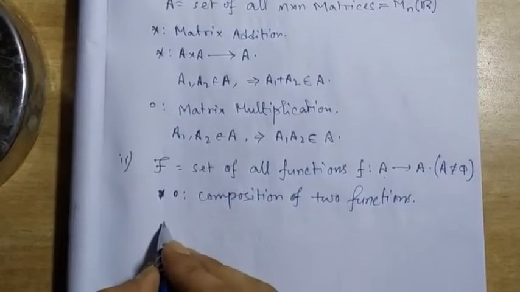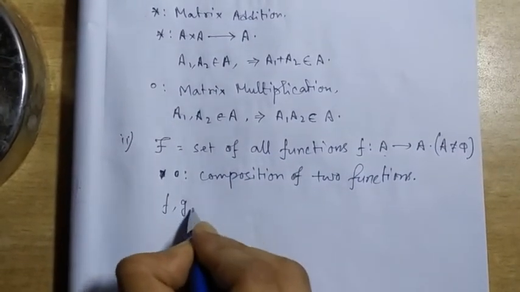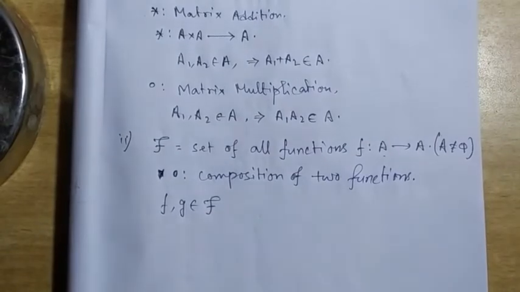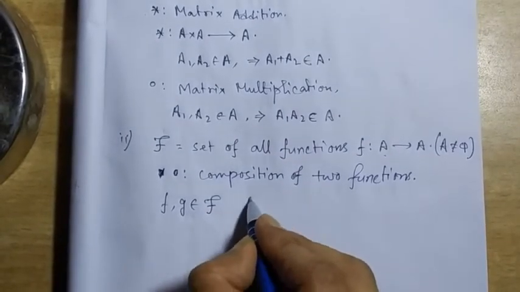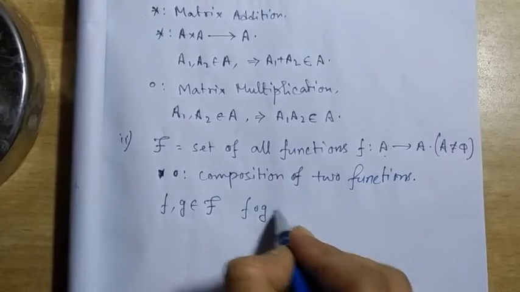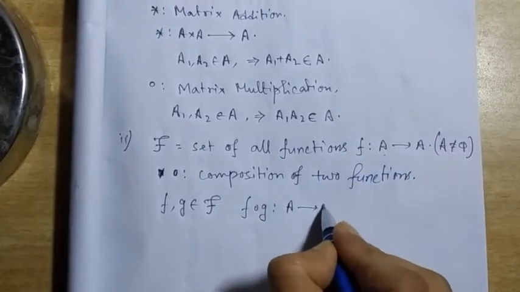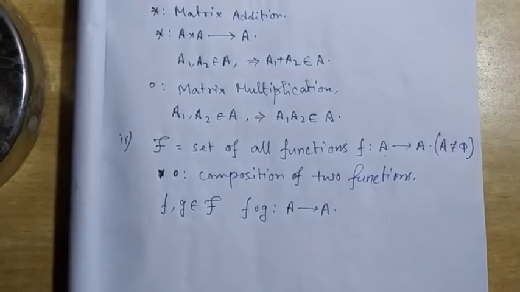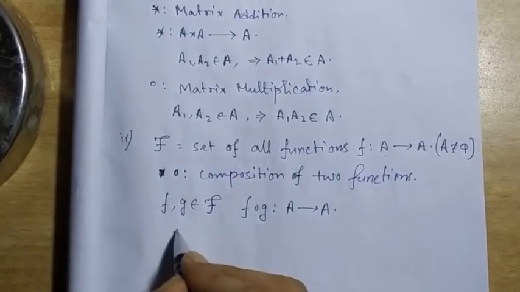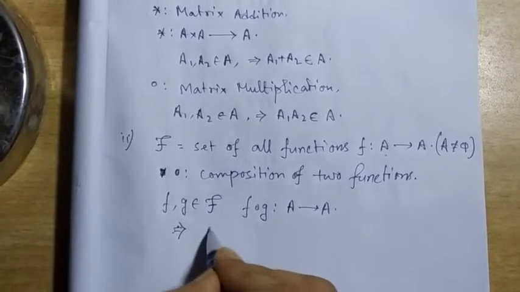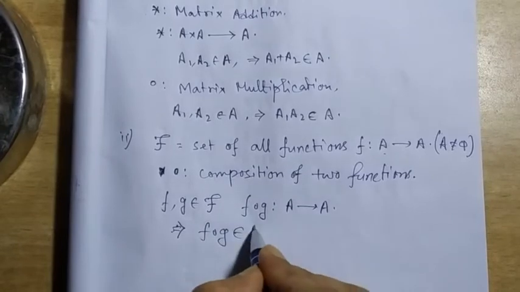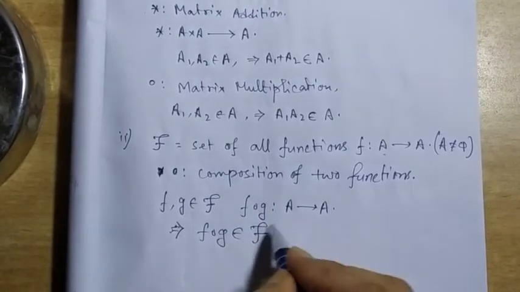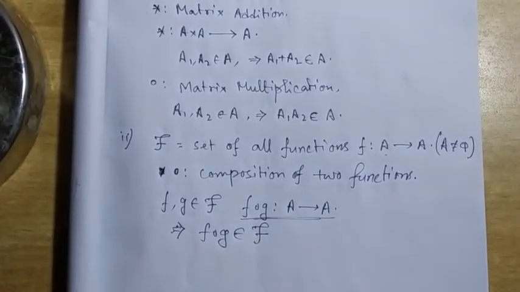Then if we take two functions f and g from the set F, we will see that f compose g will also be a function from A to A. That will imply that f compose g is also belonging to script F, because f compose g is a function from A to A. So this composition of functions is again a binary operation.